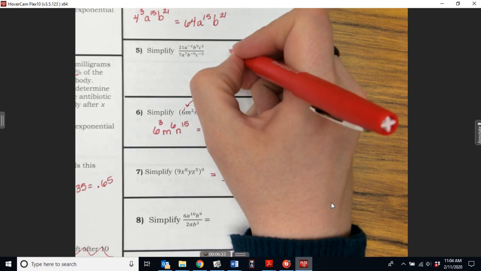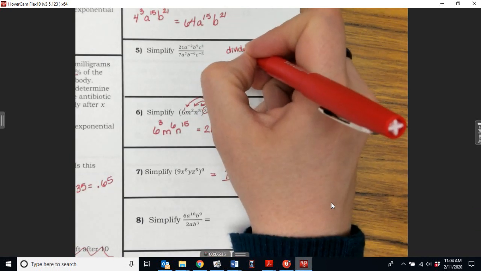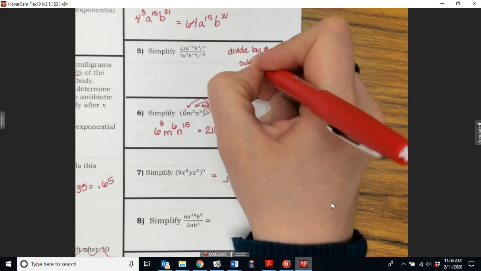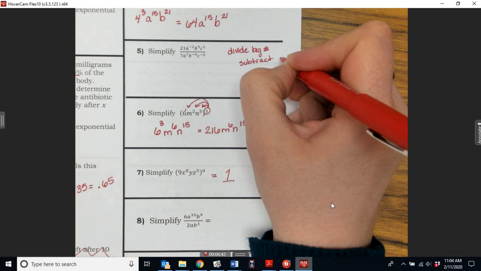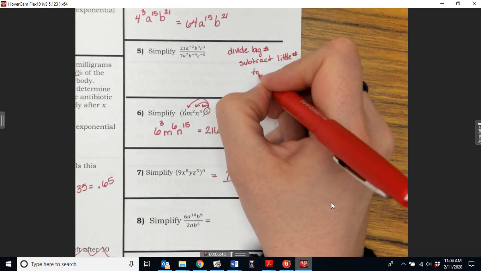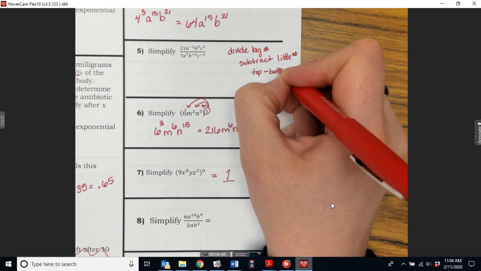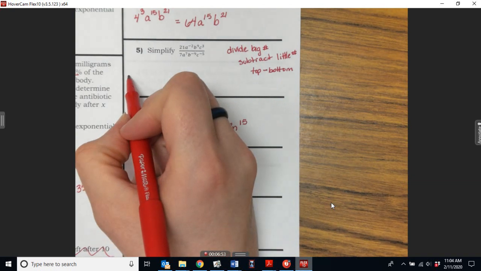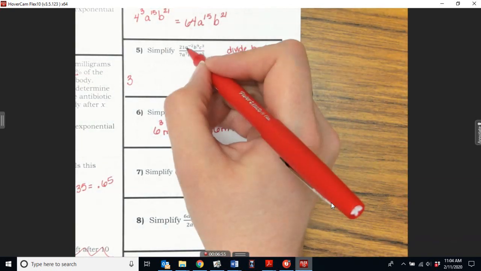Here the rule is you divide the big number and you subtract the little number, the exponent, and it's always top minus bottom. So if I divide the big number, I get 3. And then I have my a's.